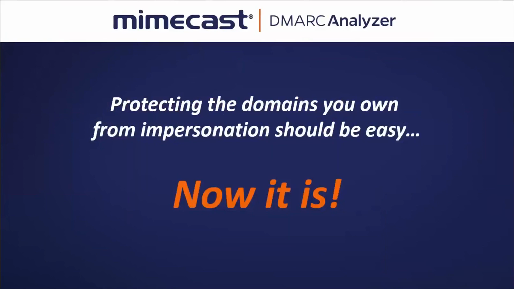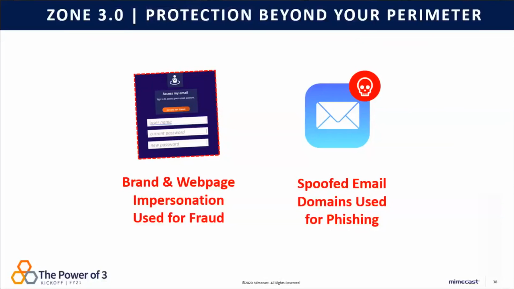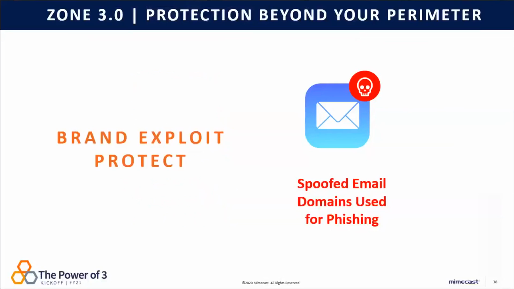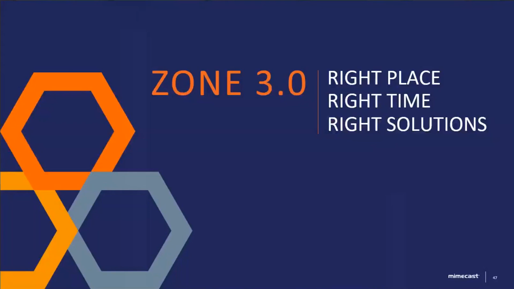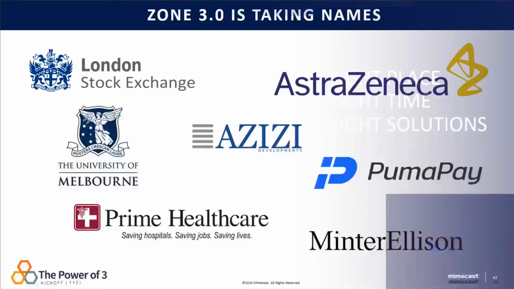So you need to protect both the domains you own and domains that you don't own. And so Mimecast 3.0 protection beyond your perimeter provides this through Brand Exploit Protect and DMARC Analyzer. You need to ensure that you are protected at the right place, at the right time, and have the right solutions.